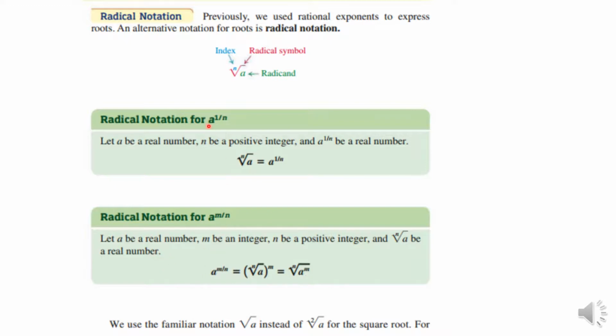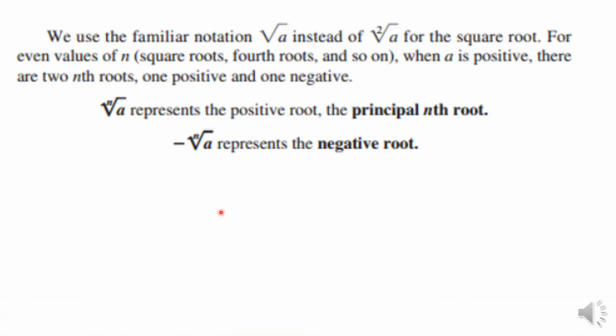And we can define this further by considering that a to the m over n is the nth root of a raised to the m power, or the nth root of a to the m. We don't always write the 2 in this position. Whenever you see this symbol without anything, it's assumed to be the square root.